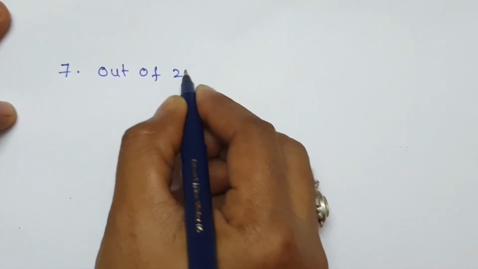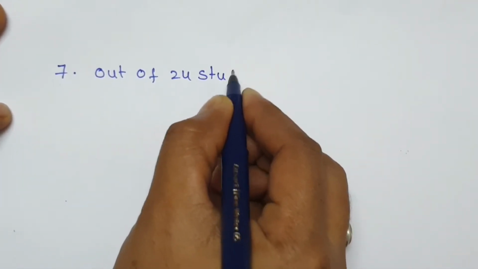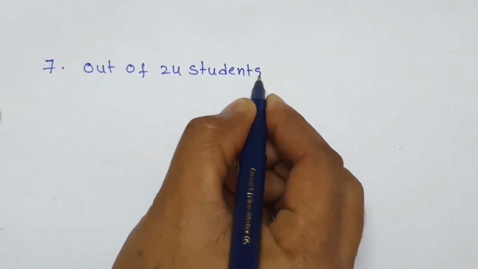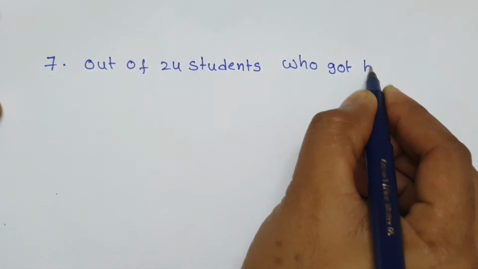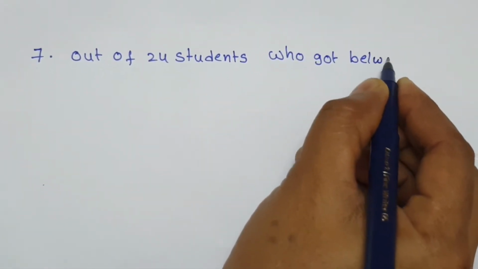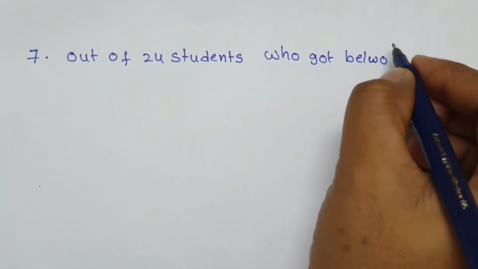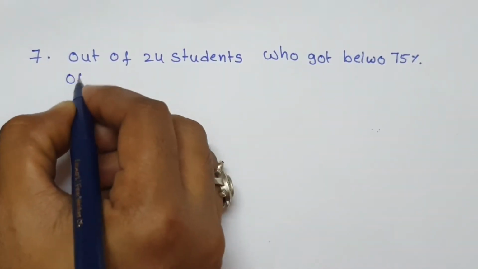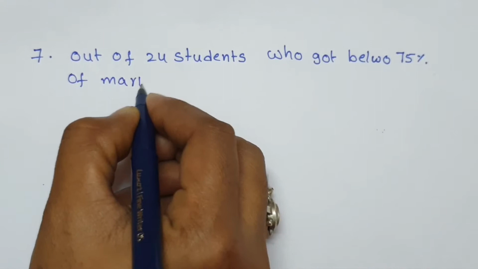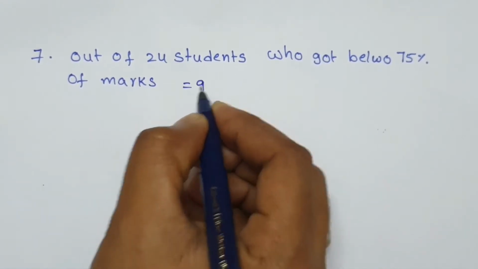Out of 24 students, who got below 75% of marks equal to 9.